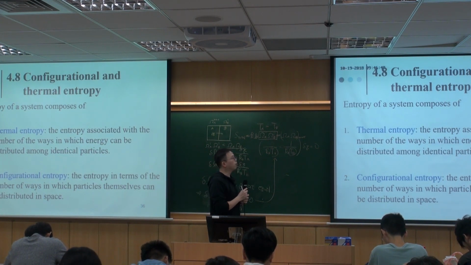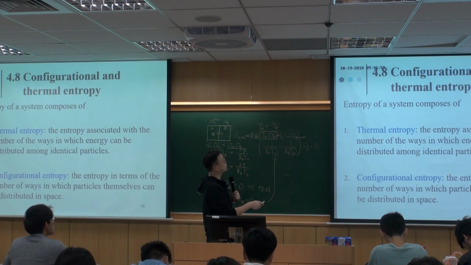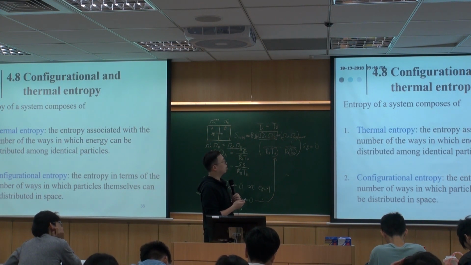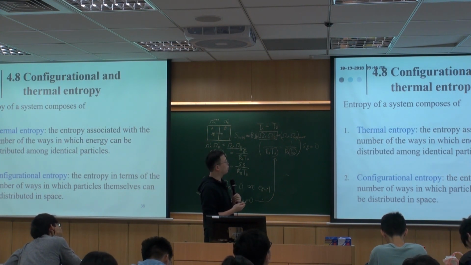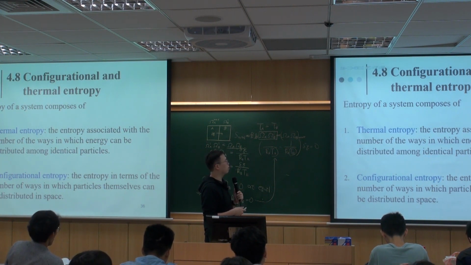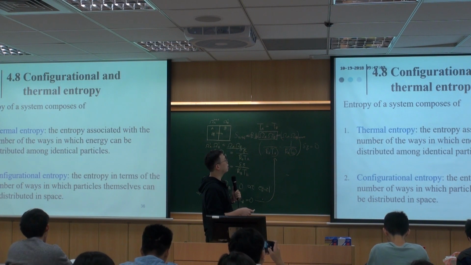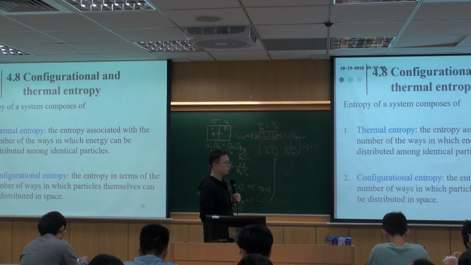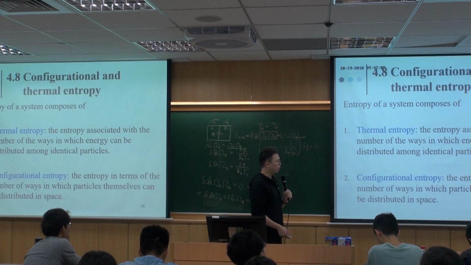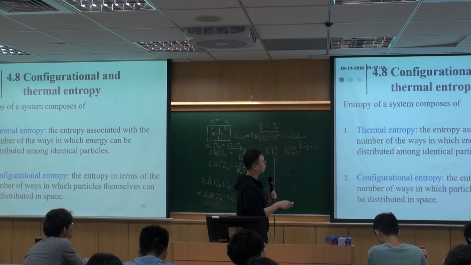And for entropy, actually there are several different kinds of entropy. For the things that we just went through, if you want to divide them into different categories, actually you can do that. And in this textbook, it says that you can divide them into two different categories.